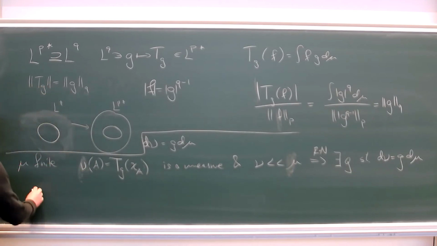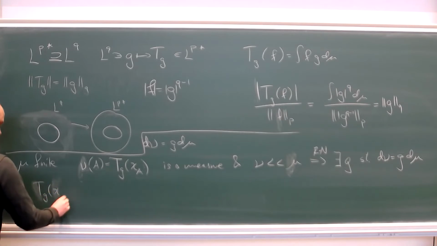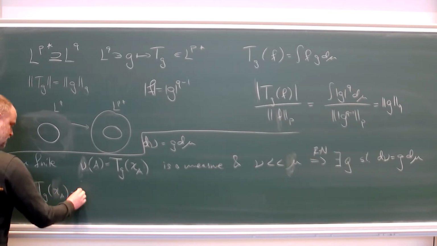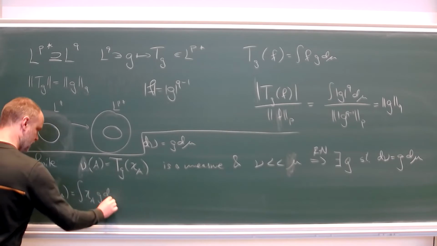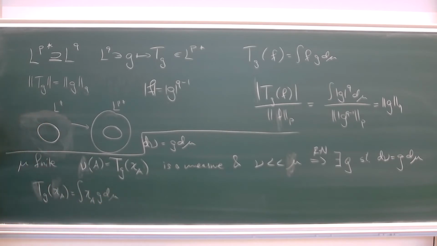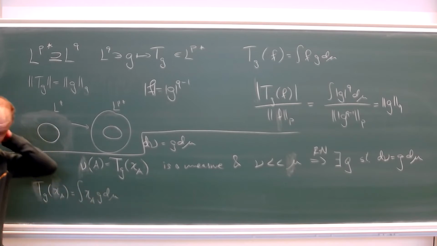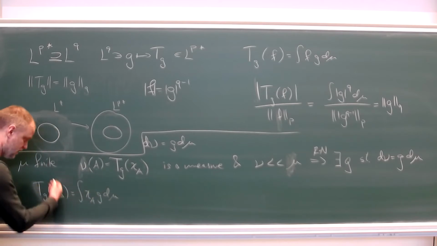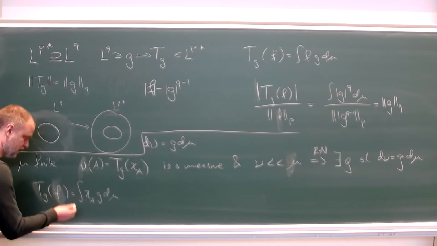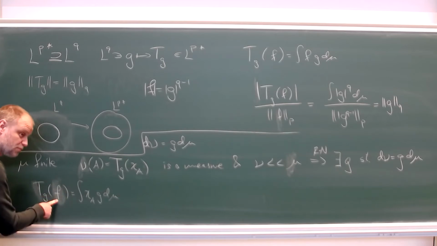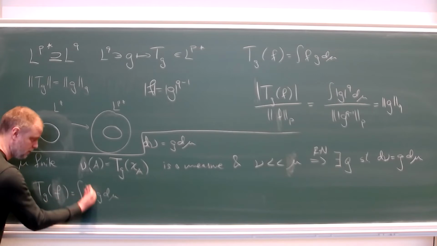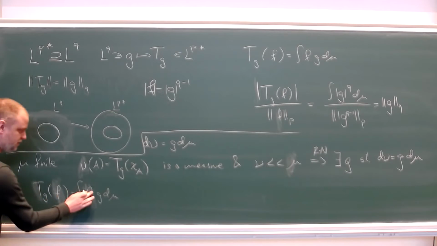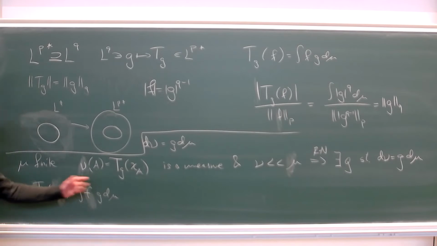So what we have now is Tg of a characteristic function of A. That's the same as integrating against g times mu, and g is now an L1 function. Now, from here, it is very easy to see that as long as this is a bounded function, then you do an approximation argument and you get this. So this step is not difficult. So now we have what we want.